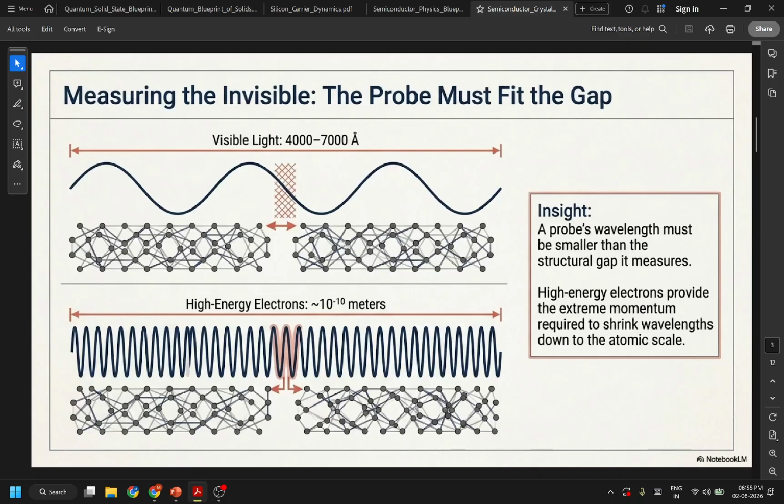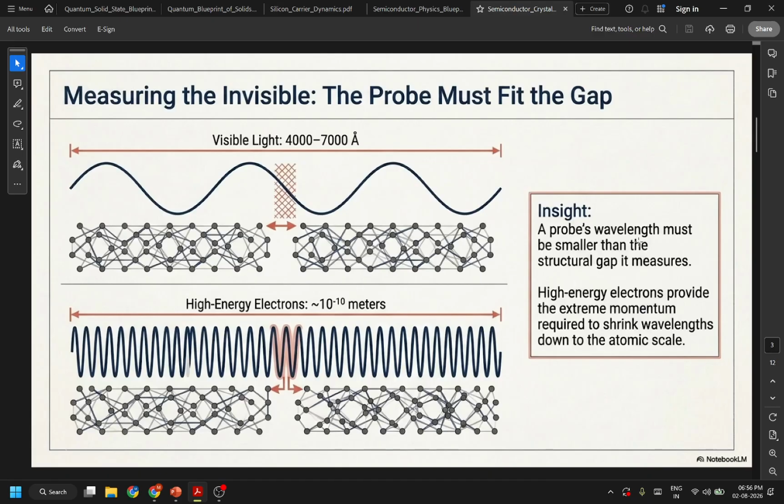Now how do we look at a lattice? We can look through light or through electrons. The probe's wavelength must be smaller than the structural gap it measures. The wavelength of light is 400 to 700 nanometers, whereas the wavelength of electrons is on the order of 10 to the power minus 10 meters.